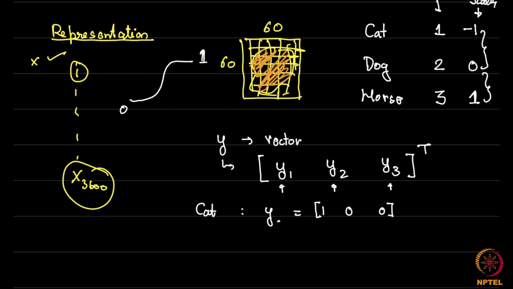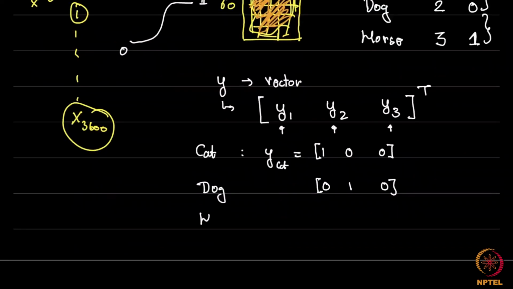If it's a dog, y will look like 0, 1, 0. And if it is a horse, it will look like 0, 0, 1. This representation, notice, is a vector representation and it's called a one-hot representation.